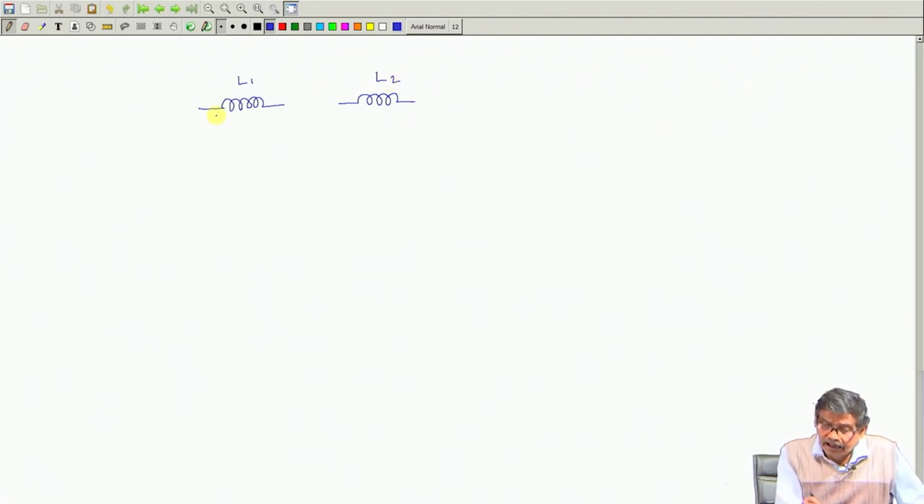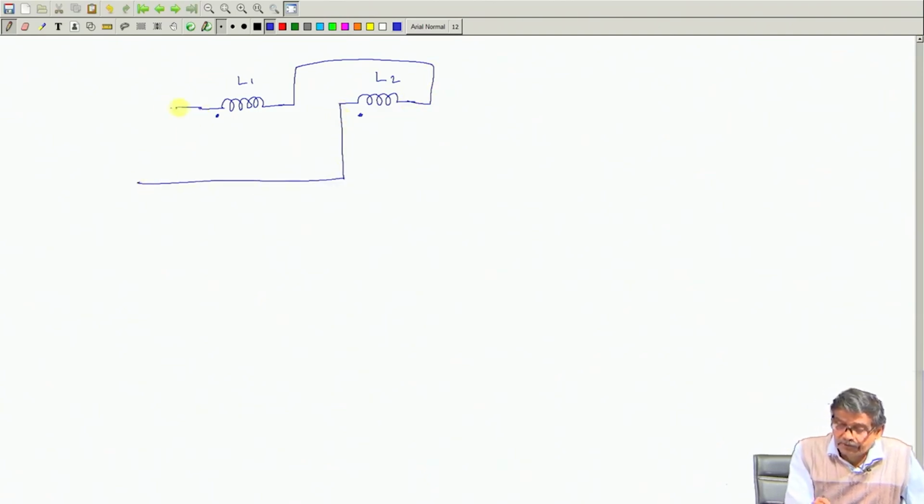Suppose this is dot, this is dot. This series connection I could also do like this, the other way around. I will quickly write down, and this is the applied voltage V t across the combination.